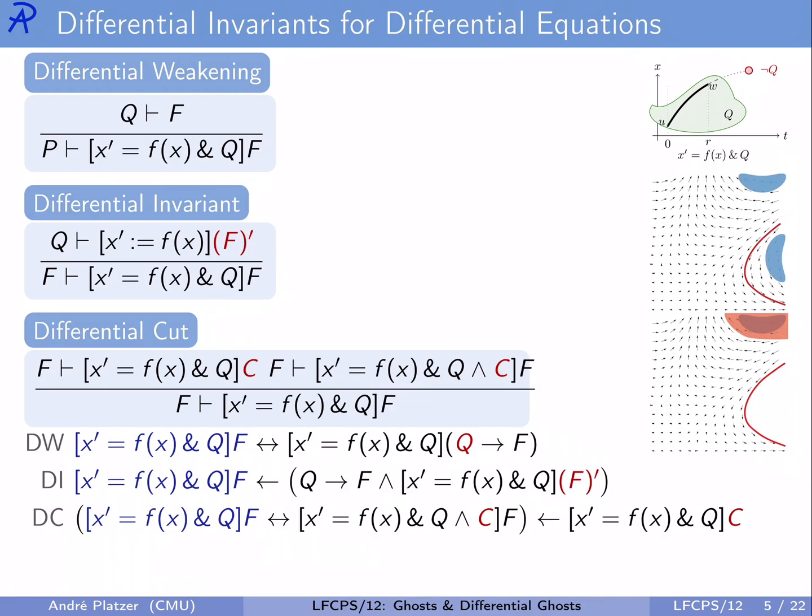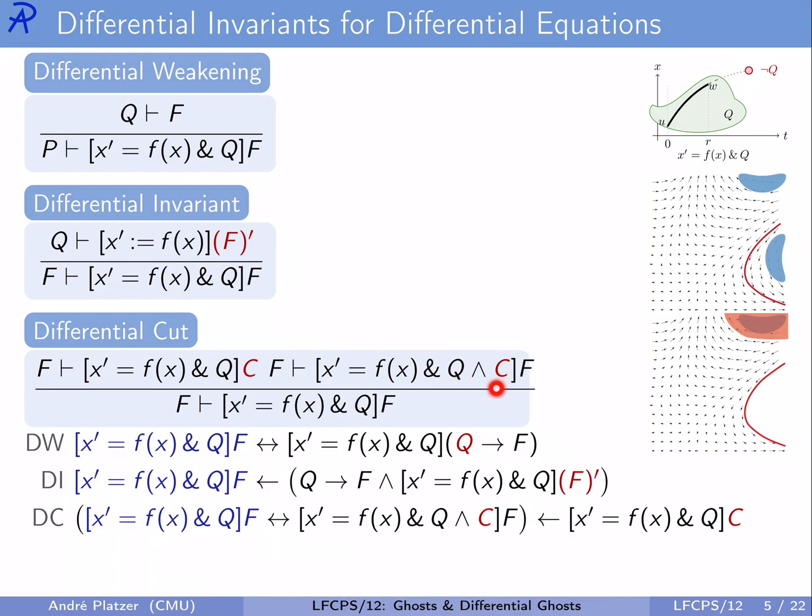And the differential cut proof rule proves a property of a differential equation by first proving something else, a property C, proving that we can't leave C when following the differential equation, and then editing the differential equation's evolution domain constraint by adding in the conjunction, so that instead of just not leaving Q, now we're not allowed to leave the conjunction where Q and C is true.